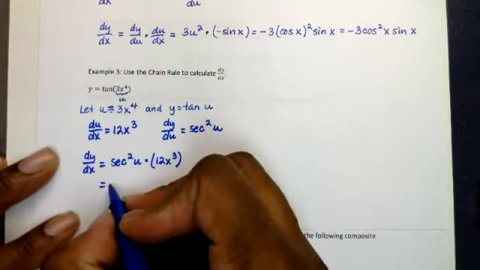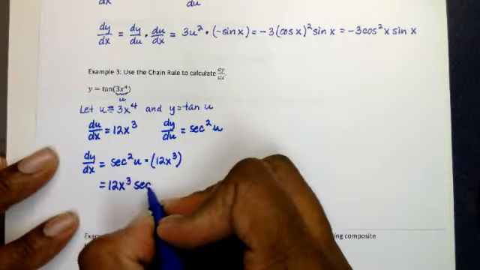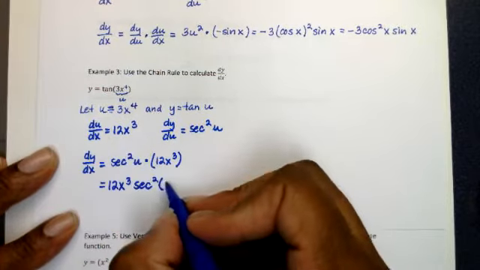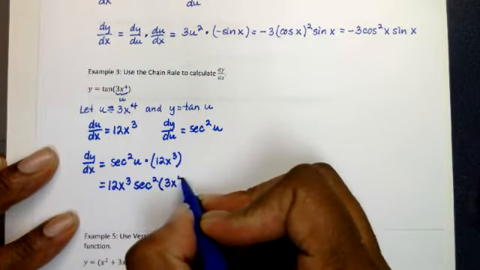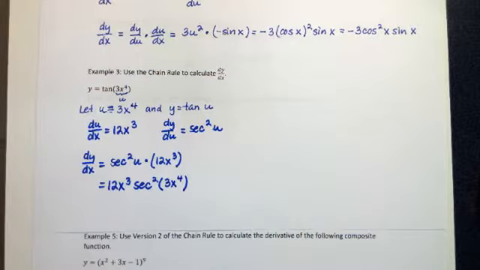I'm going to put the 12x cubed in front, and that'll be multiplied by the secant squared of, I'll substitute that u with 3x to the 4th because I want that in terms of x. So the derivative of tangent of 3x to the 4th will be 12x cubed secant squared of the quantity 3x to the 4th. So that's using version 1.